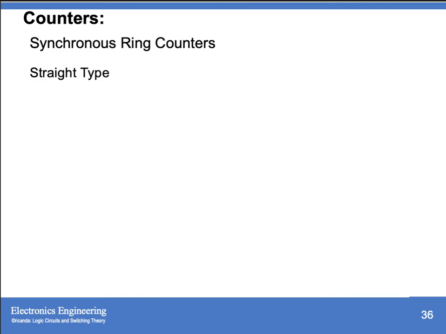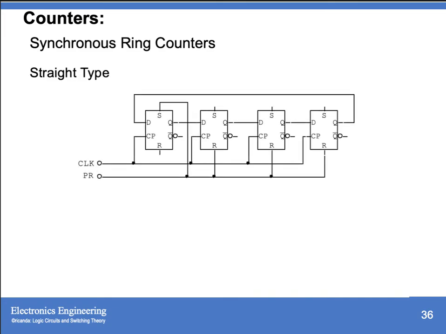So this is the circuit of the ring counter. So we have your D latches, your D in the leftmost part of your counter. The input of this one is connected to the output of your last D, which is on your rightmost side.